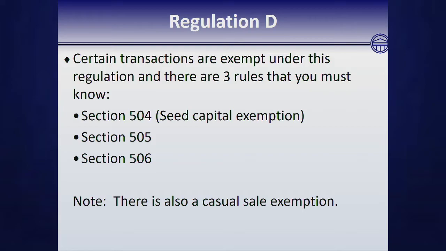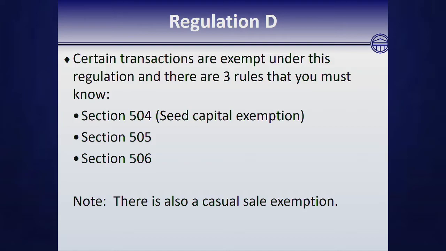Section 505 covers offerings of less than $5 million. And again, you would not have to make a full-blown registration provided the stock is sold to accredited investors, which I'll define in a minute, and up to 35 unaccredited investors.